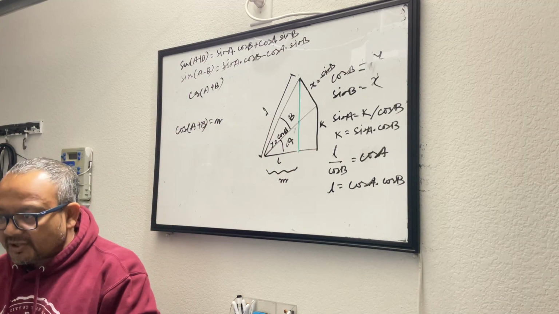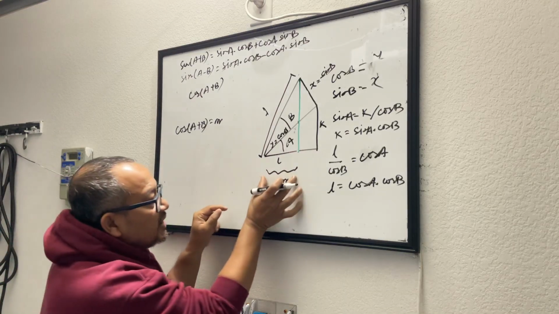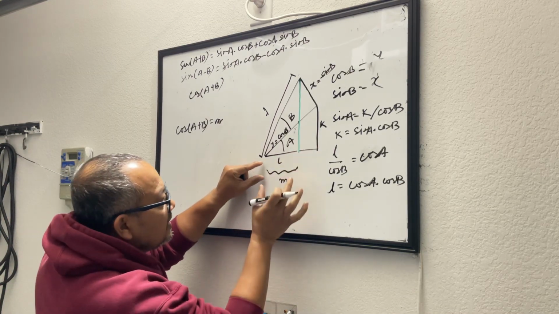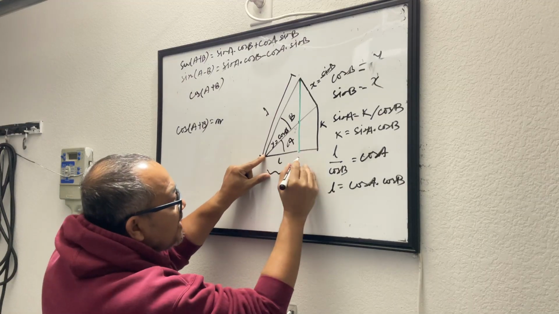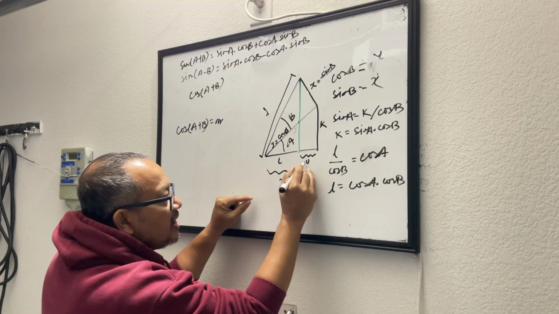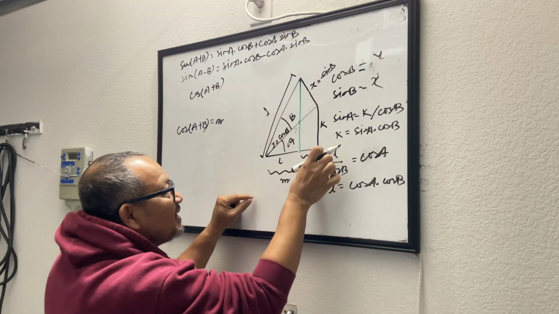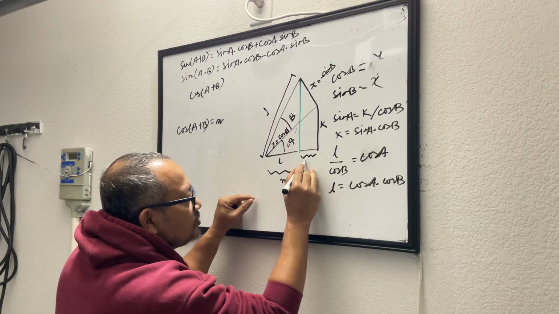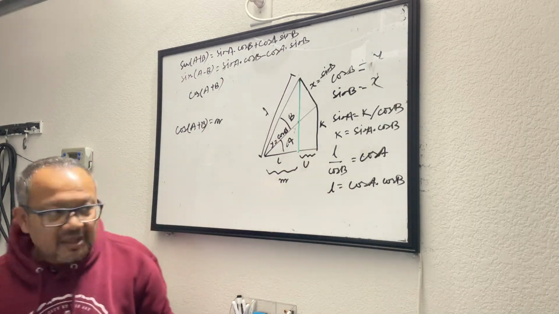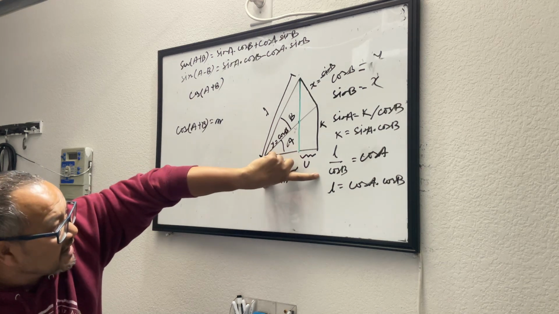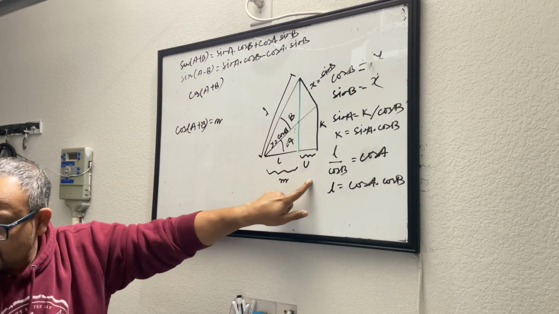We wanted this length, we got more than this. So if I have to find this length, I have to take this length minus this length. Let's say this is U. So this length N would be equal to the whole length L minus U.